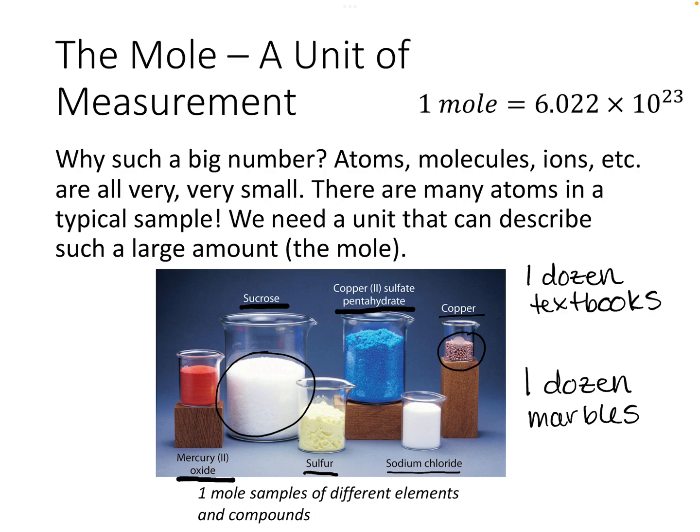They are going to weigh different amounts in grams, but if we count them, we have the same number of textbooks and marbles. So it's the same thing going on here with our molecules and atoms. Sucrose is actually composed of multiple carbons, hydrogens, oxygens. So one molecule of sucrose contains a lot of atoms, whereas copper is just one atom. So that's why they're going to look like we have different amounts, but we actually have the same amount.